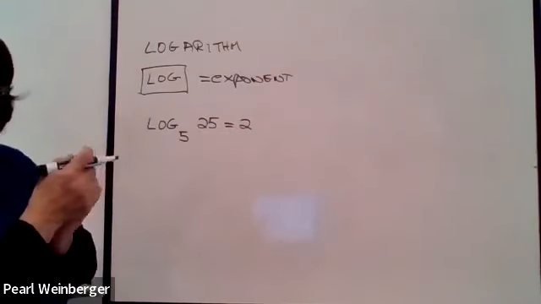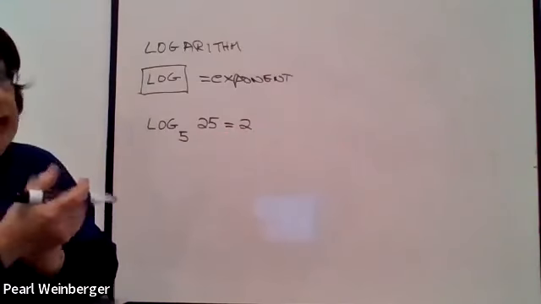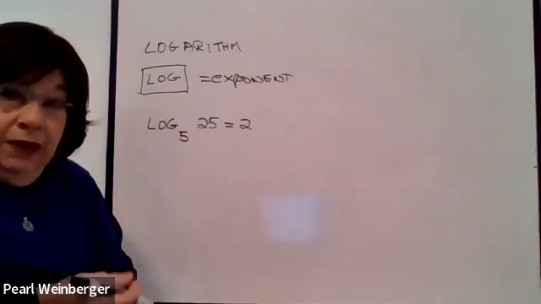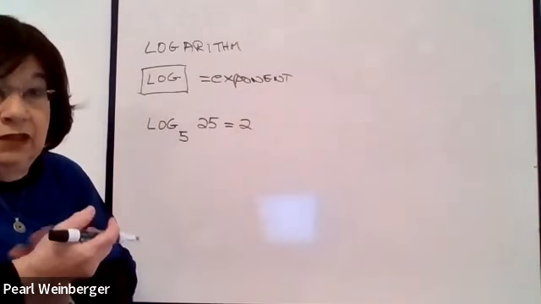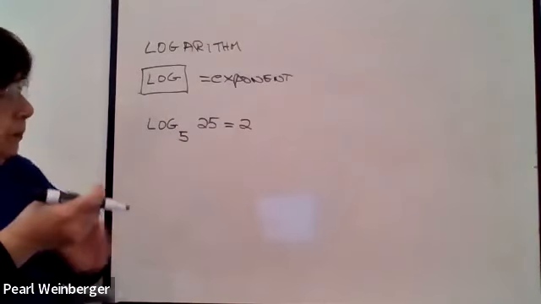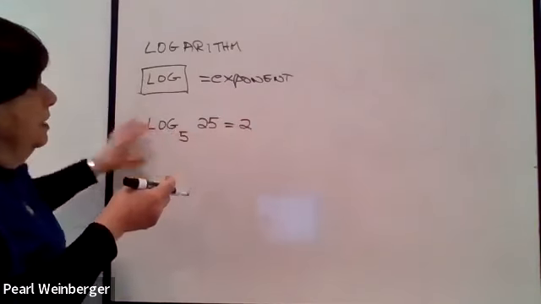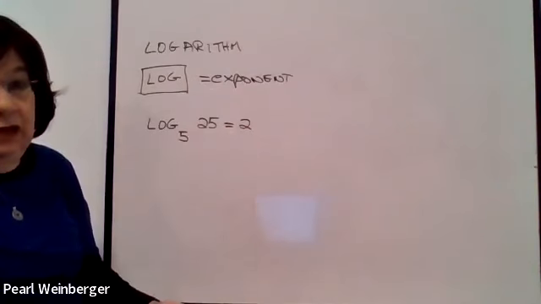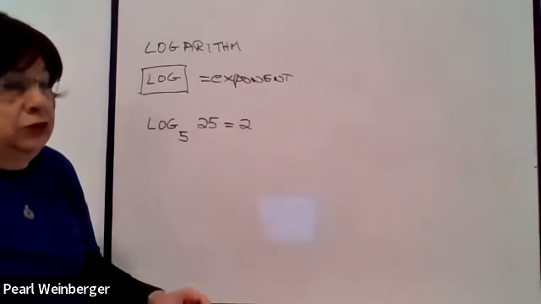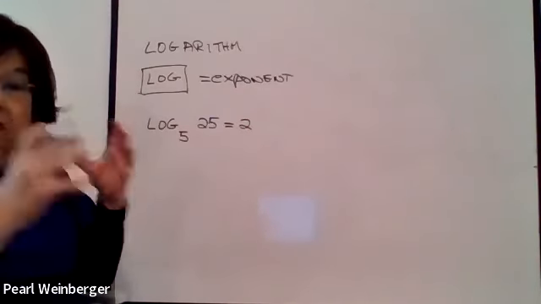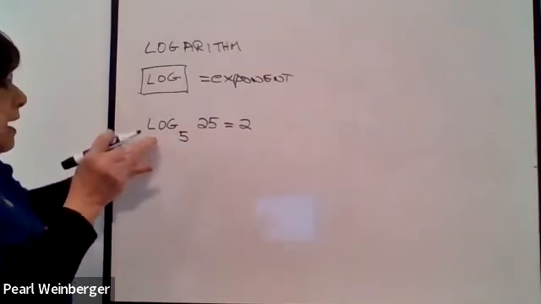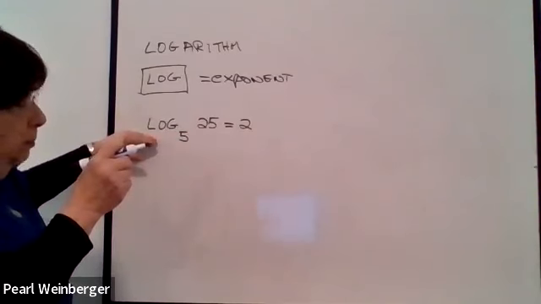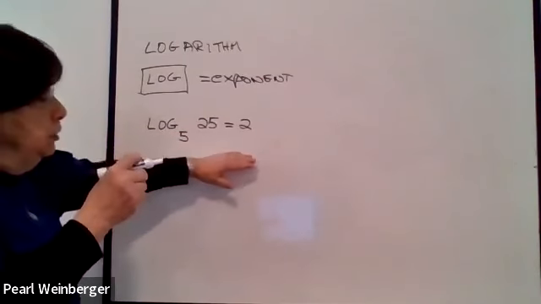In other words, the log is simply an exponent. And all the things that we learned about exponents are going to apply to this new thing called a logarithm. It's an exponential expression written in a different way. It's just a different setup. I'm going to change this from the logarithmic setup to what's called the exponential setup.